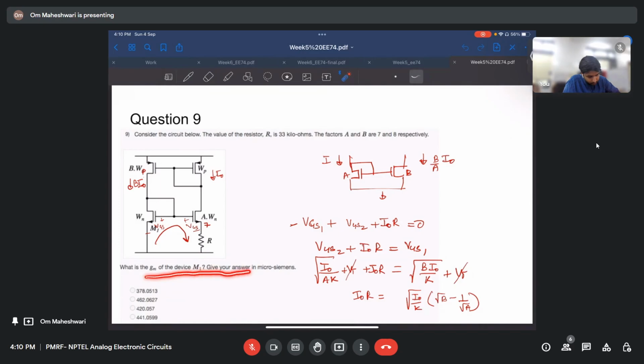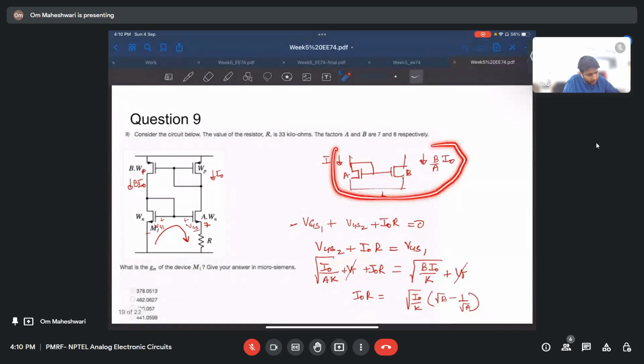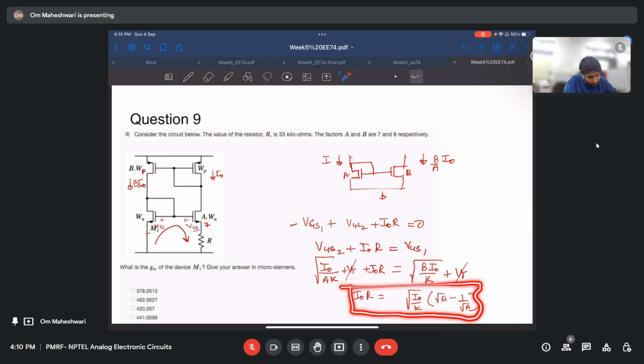GM of the device M1. I have the answer in my assignments. So this is a current mirror. The current here is B by A, I naught. Then we apply KVL here. Then we replace VGS by I naught in terms of K, and we get this I naught R equal to this.